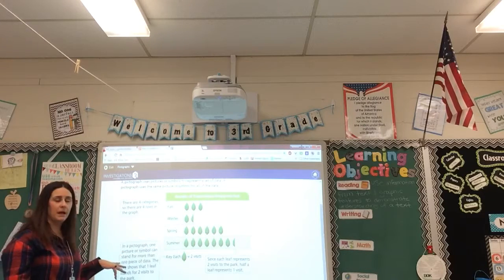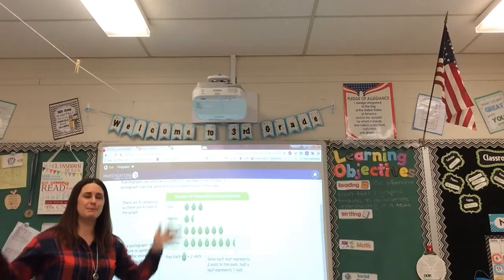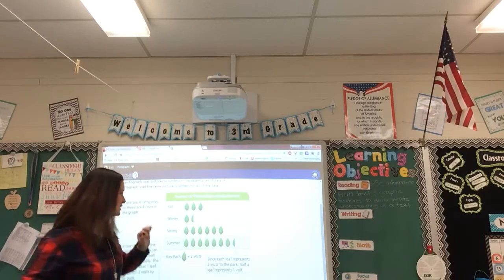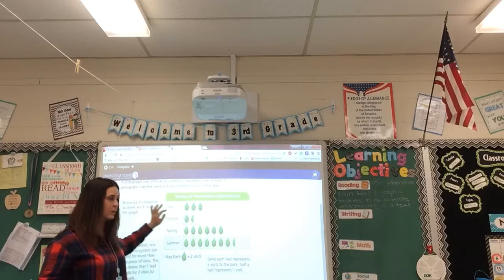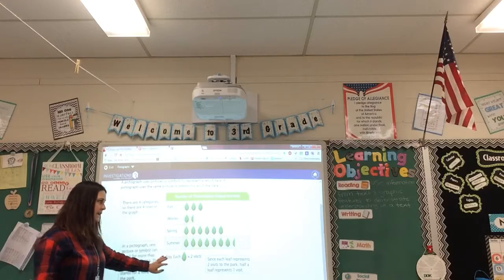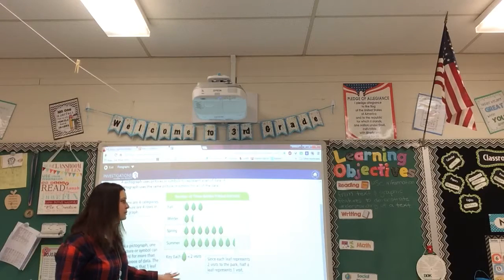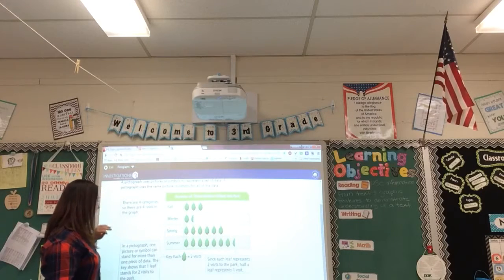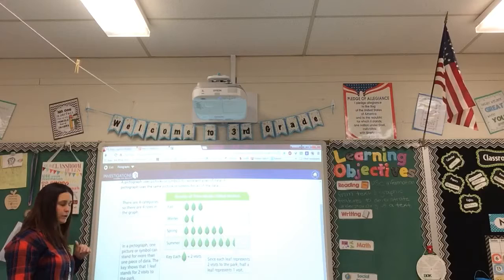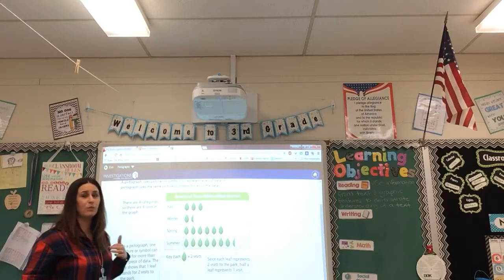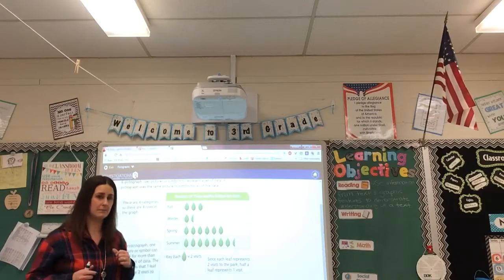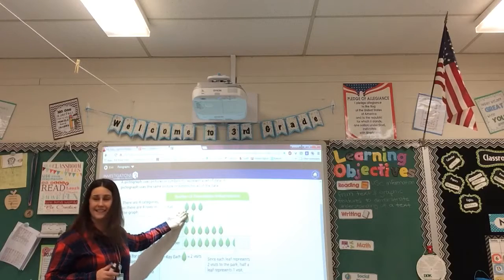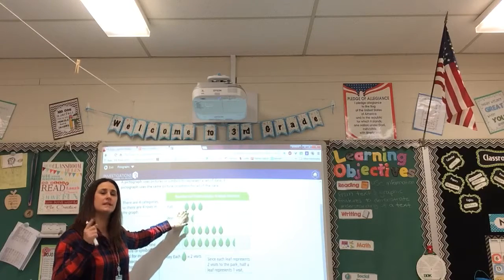Down at the bottom, the biggest part of a pictograph is the key, because yes, we have pictures, yes, we have categories, but you need to look at the key. A key will usually be on the bottom of your pictograph or it might be off to the side, so you do have to look for it. In a pictograph, one picture or symbol can actually represent more than one item. So if you see one leaf here, that doesn't mean just one time she visited the park.